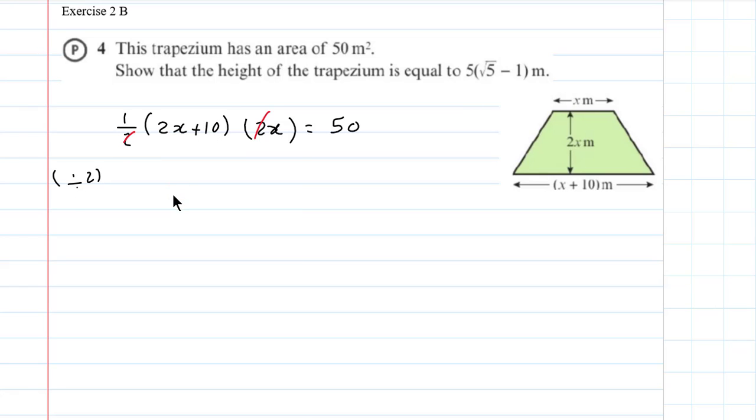x plus 5 times x, it will be x squared plus 5x, and then minus 50 divided by 2, which is 25, equals 0.